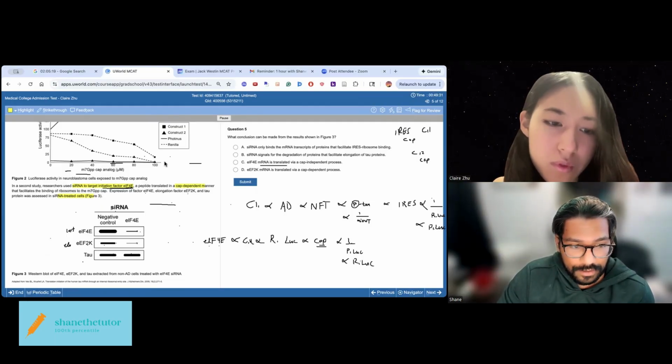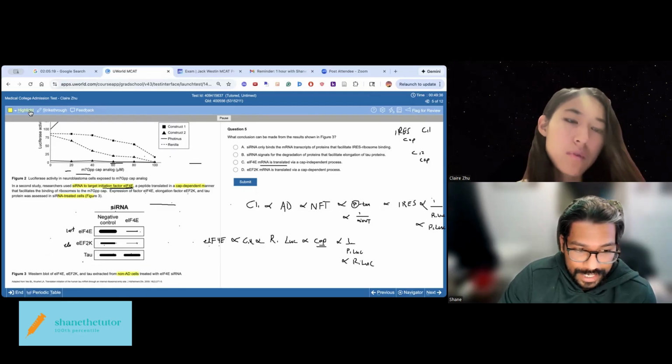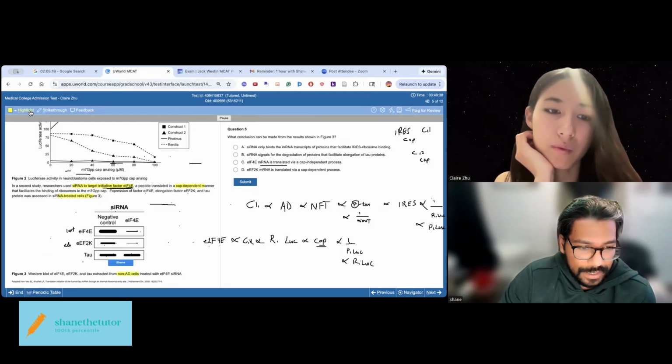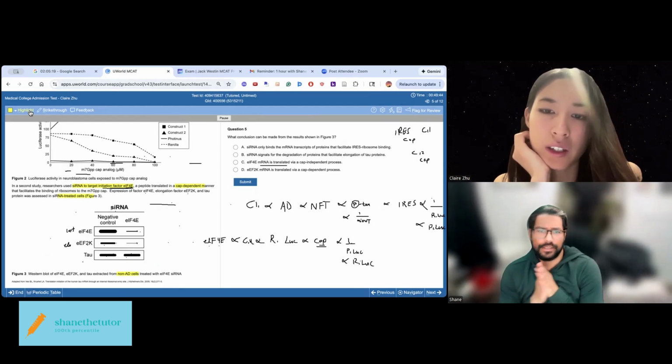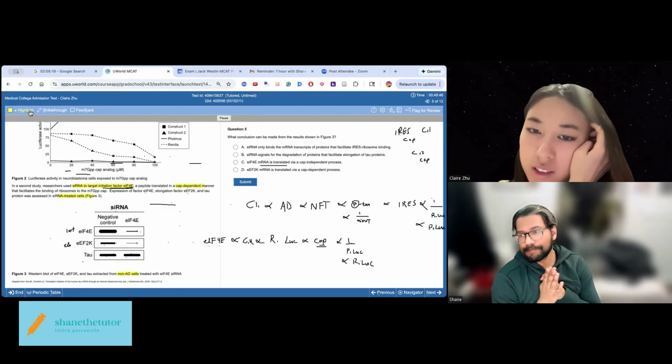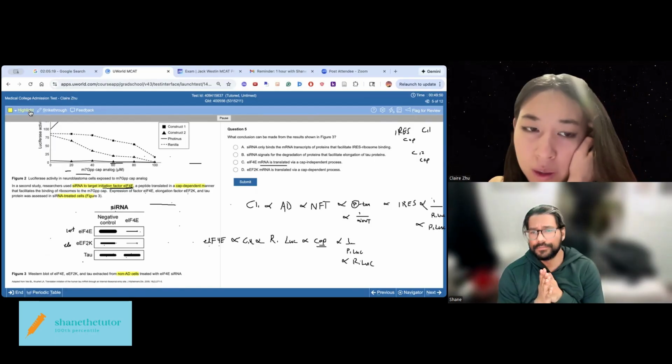The elongation or the initiation is not going to be affected for the overall tau protein. Okay, so I guess I would choose D then, perhaps, because it seems like it's dependent on ELF4E, which we read in the passage is also cap dependent.